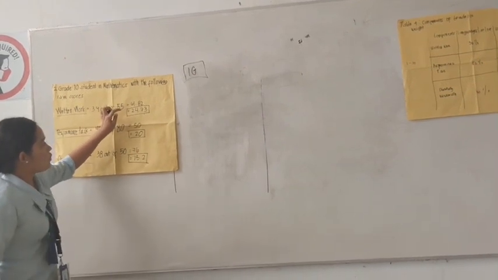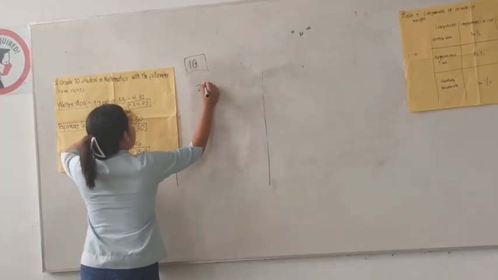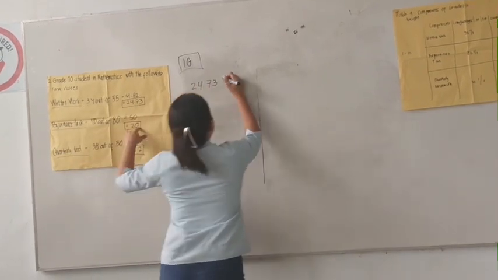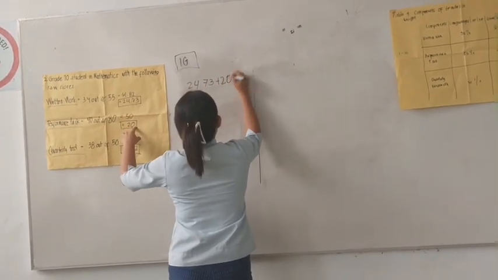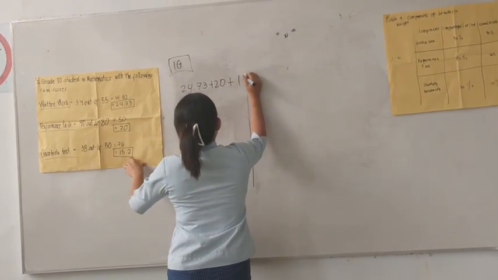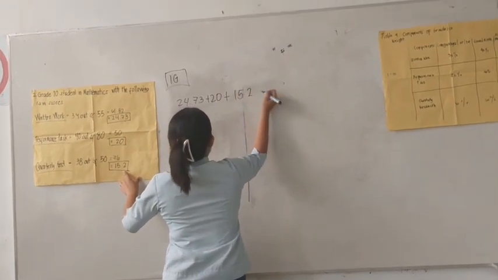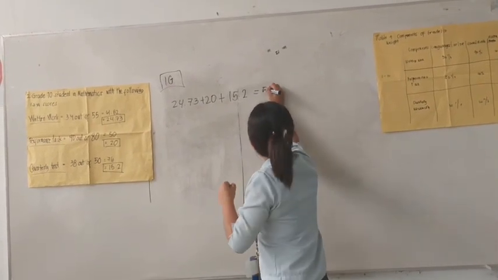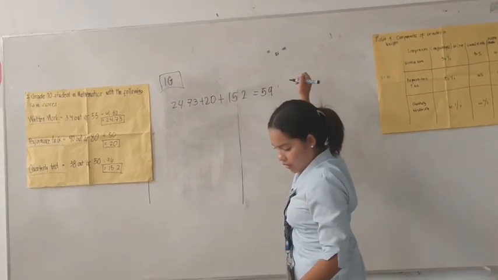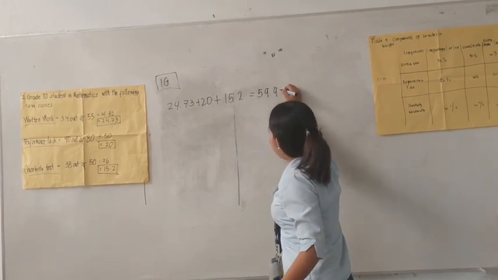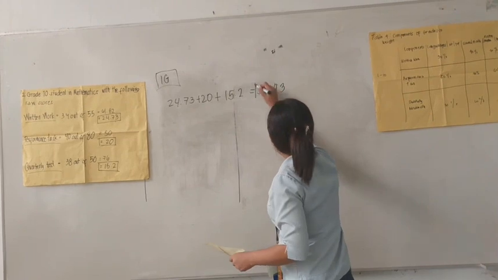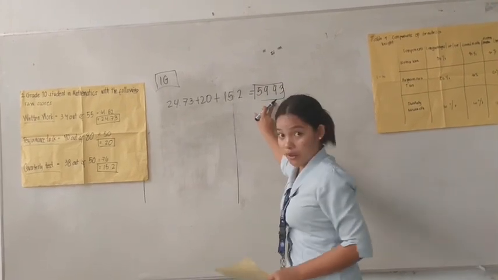So let's just compute 24.73 plus 20 plus 15.2 is equal to 59.93. So this is the initial grade.